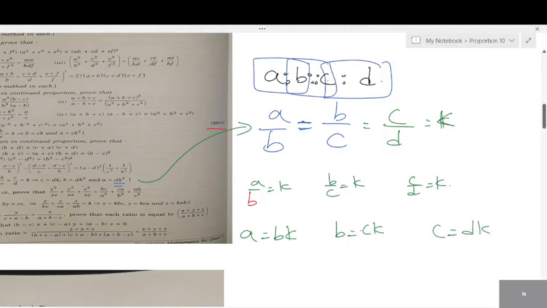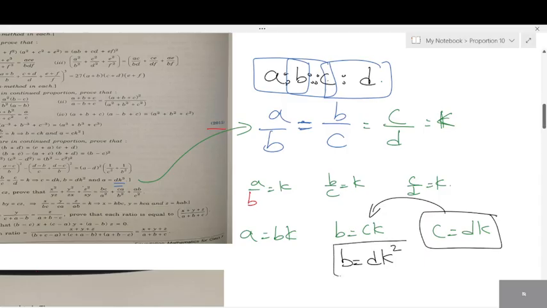See, look at the screen, students. After this step, go in reverse order. What do you have to substitute for C's value? Where do you substitute the C value? In BK. What do you get for B? Yes, tell me for B, students. When you substitute the value of C, what do you get? D into K square. Now substitute this B value here. Go in the opposite direction. Now tell me what is the value?